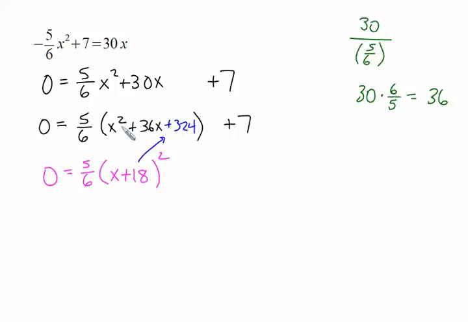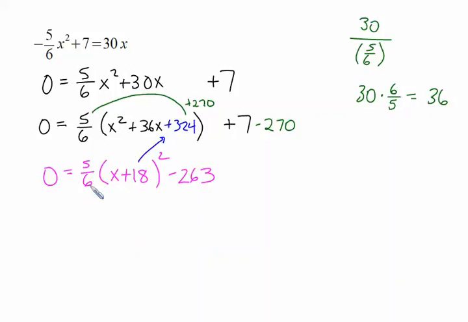Keeping in mind that we really didn't throw in 324, we have to multiply it by 5/6 to figure out what we just included in our expression, which should be 270. So to counter out adding 270, we then have to subtract 270 on the side, and a 7 minus 270 is going to give us negative 263.